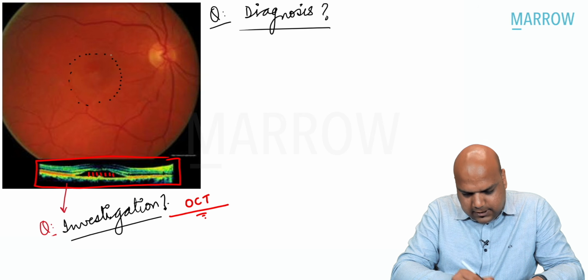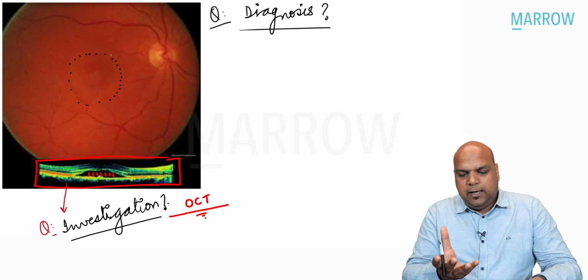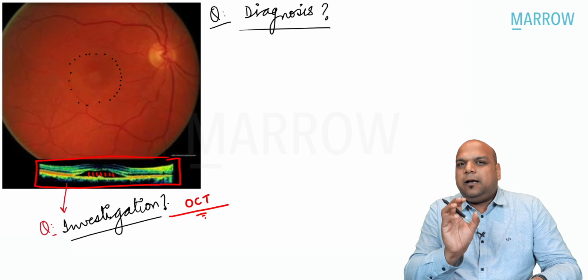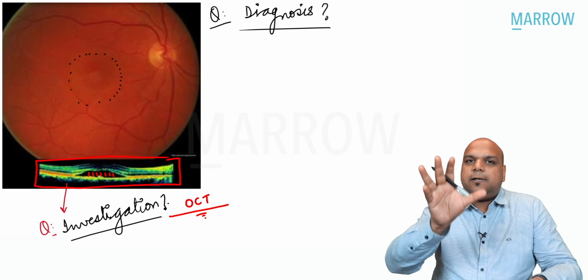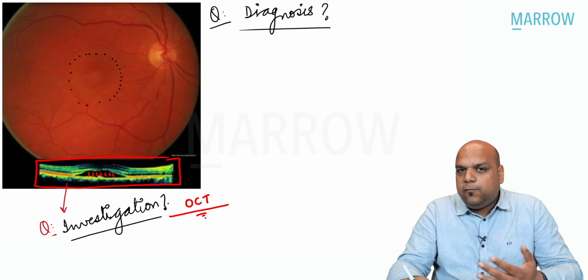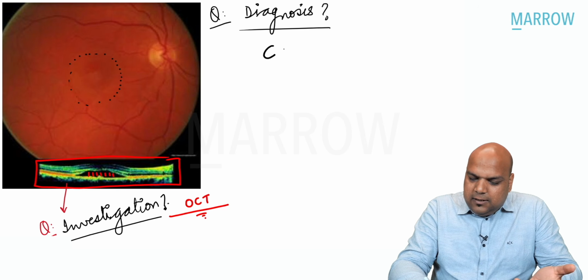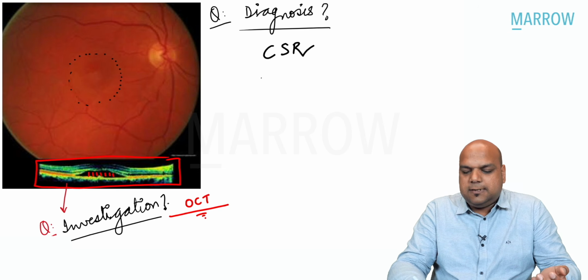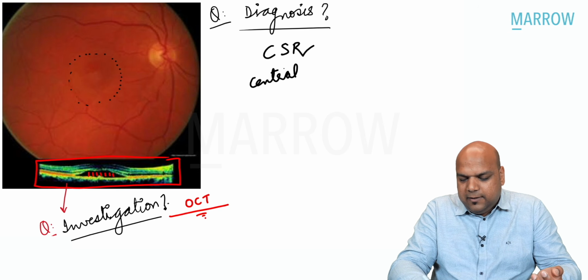That's why we use an OCT. In this area which I have marked, it looks slightly elevated. So the macula has been elevated due to collection of fluid in the subretinal space. Diagnosis becomes CSR, central serous retinopathy.